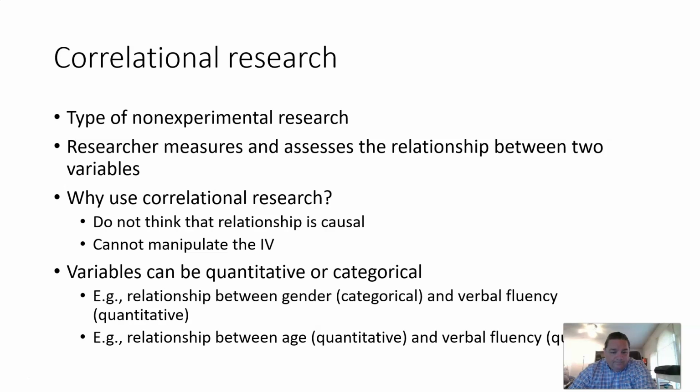So, relationship between gender, which is categorical, male, female, or other, and verbal fluency, quantitative. So how many words do they understand or are able to reproduce? Or how many words do they use throughout their day between males and females? Relationship between age, quantitative, and verbal fluency. So these are things that you can see are quantitative and quantitative, or categorical and quantitative.